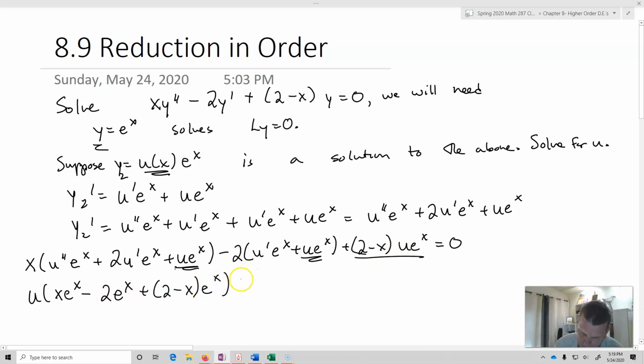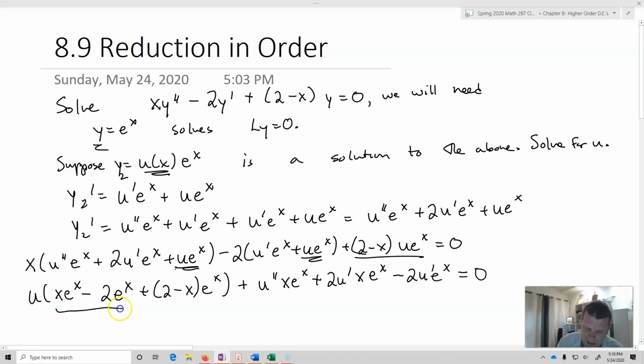Then we'll have plus u double prime x e to the x, plus 2u prime x e to the x, minus 2u prime e to the x equals 0.